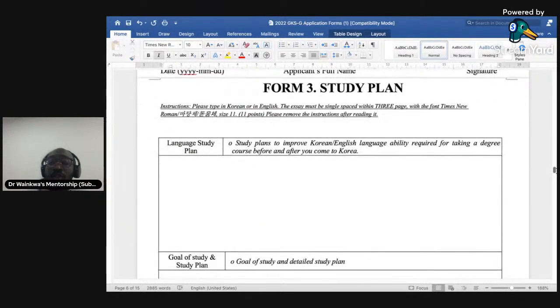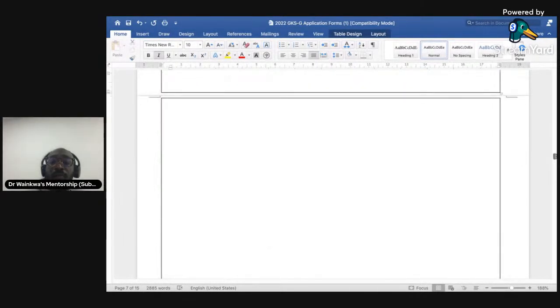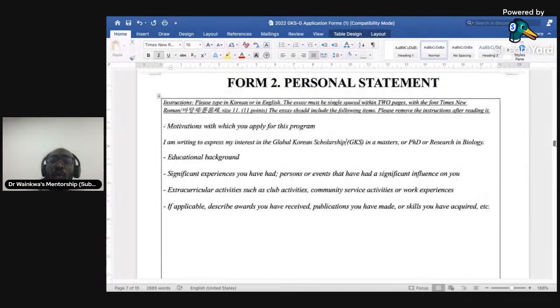Also, your study plan. Those are my tips about filling your personal statement, and they should be in line. Also, before I ever started applying for scholarships, one thing I always make sure I do is to go to the general information board about the scholarship. I read everything word for word.